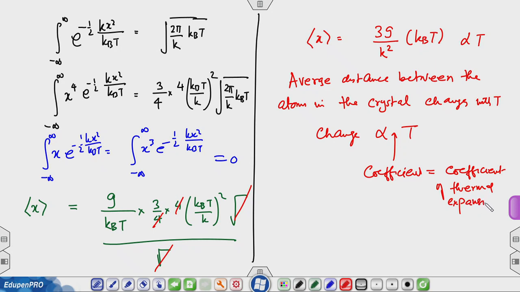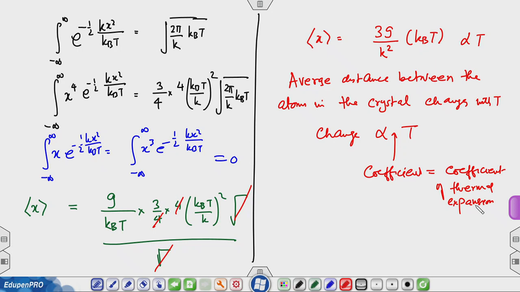This is what shows you that the x cube term that makes the potential asymmetric is responsible for the expansion.